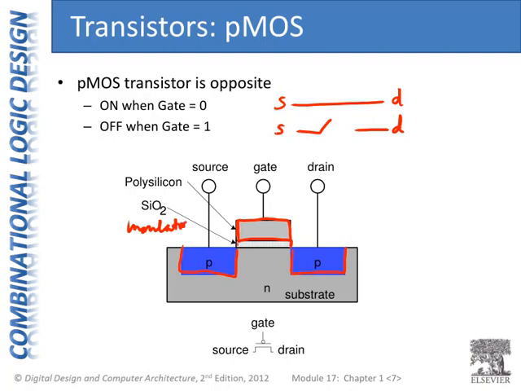When we tie our gate to ground, to 0, and our substrate for PMOS transistors is tied high to VDD, remember, that's our VDD symbol, then positive charges will be attracted to the other side of the insulator, creating a channel between the source and the drain. So again, when the gate is 0, that's when this transistor turns on.